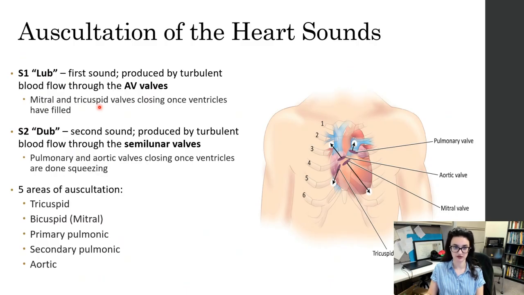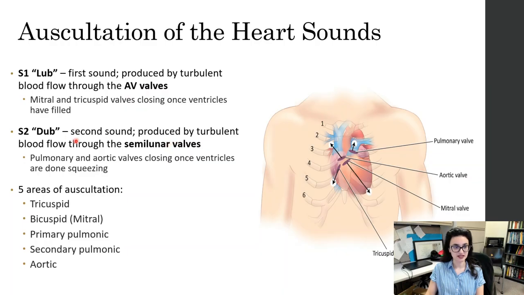They're closing right after you fill, so it needs to be filled before that can happen. The second they shut, you're starting systole, the ejection phase, because you're going to squeeze all that out. You just ended diastole. They're already filled. You're shutting it off so that you can eject it out of the semilunar valves.